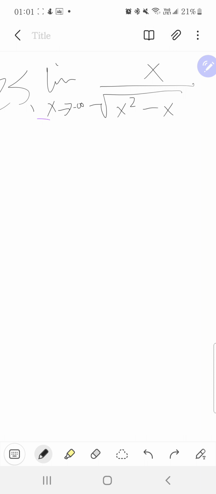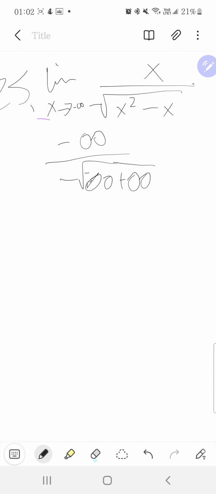So you can already tell that the top part will approach negative infinity, and the bottom part will approach the negative square root of the square root of negative infinity, or well, plus infinity. And that's really confusing. That doesn't really make any sense for what we're trying to do here.